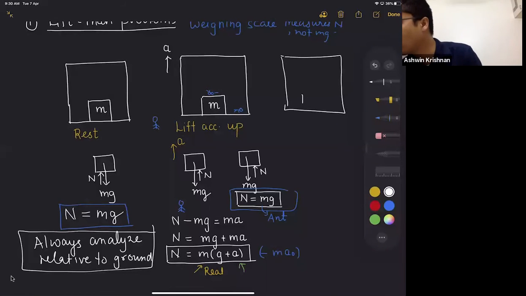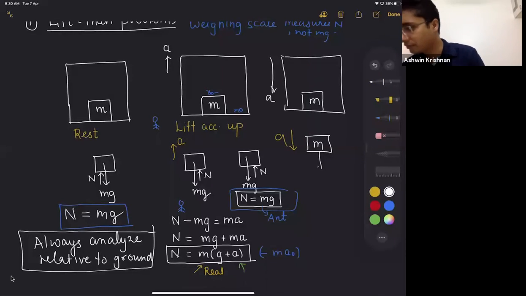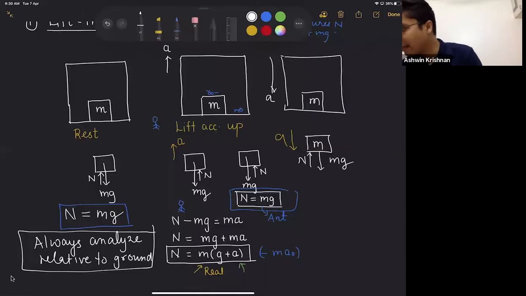When the elevator is moving down, if you observe the mass, its acceleration is downwards, mg is downwards, and N is upwards. In this case, you can clearly say that mg minus N is ma.